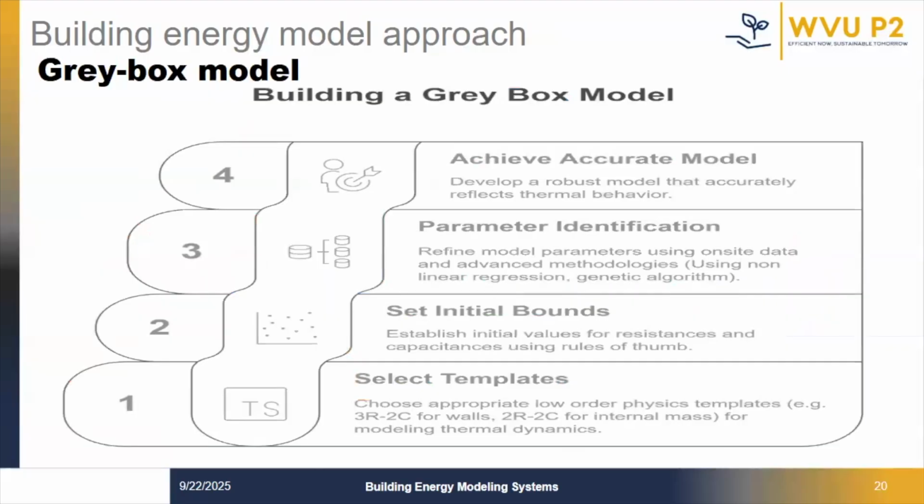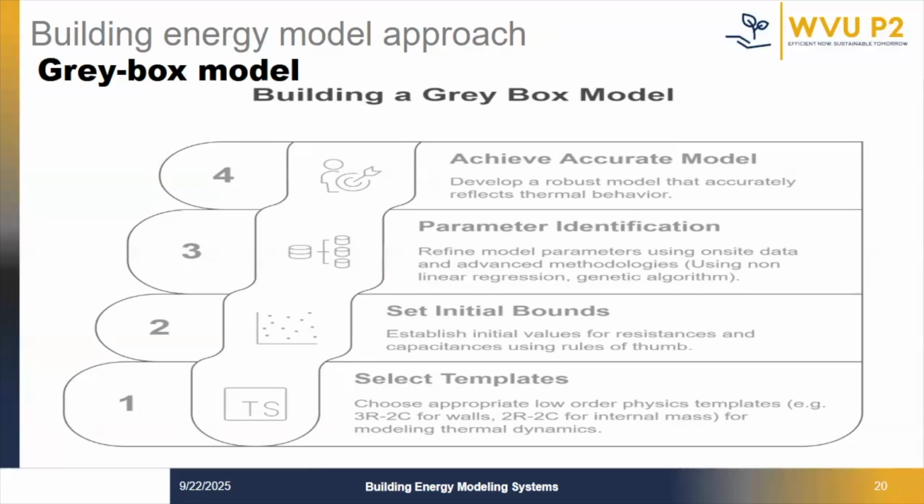Now, this slide outlines the structured process for building a gray box model. Gray box models are hybrids which combine white box physics with black box data tuning. The goal is to develop an accurate and robust model that reflects real thermal behavior. This is achieved by physics-based templates like a 3R2C model for walls to represent thermal dynamics and setting initial bounds for parameters using engineering rules of thumb.